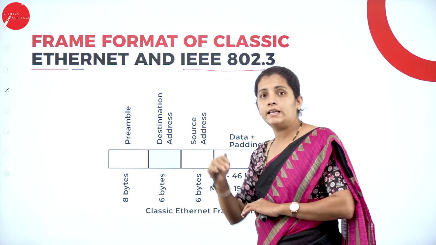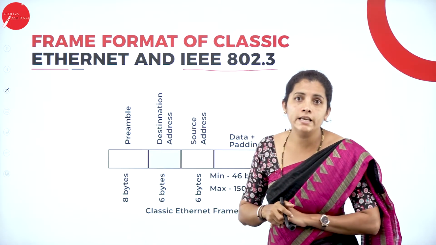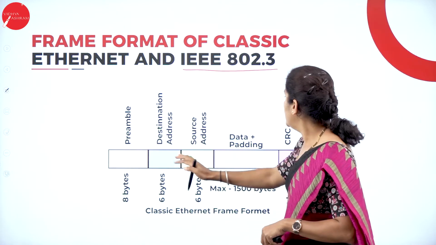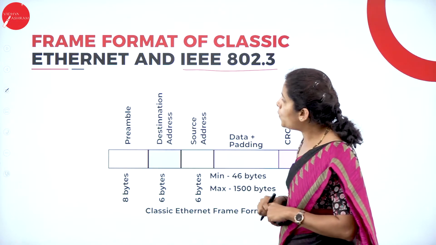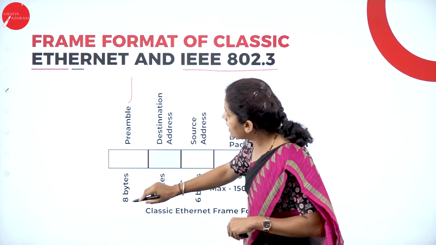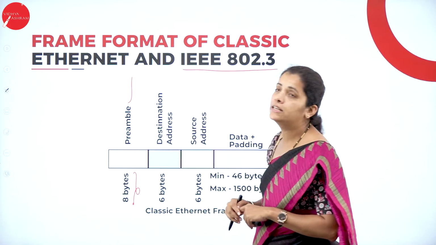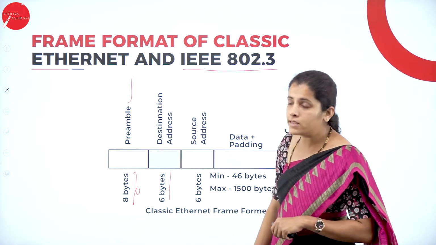The Classical Ethernet is also referred to as IEEE 802.3. So here we are going to get 5 different fields. One is preamble and the length here is 8 bytes. The next field is destination address and the length is 6 bytes.